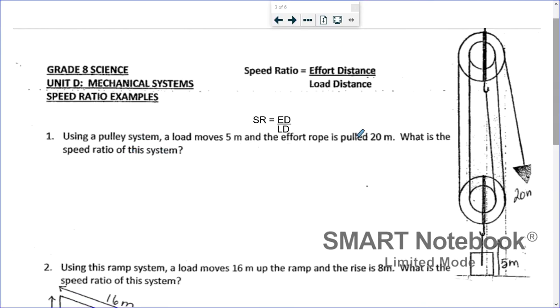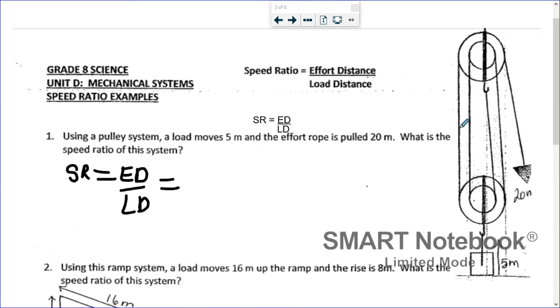Okay, so here we have the same pulley system as I just showed you, and the effort moves 20 meters and the load moves 5 meters. So the equation SR equals ED over LD, you would write that out every time. So we write speed ratio SR is equal to ED over LD.